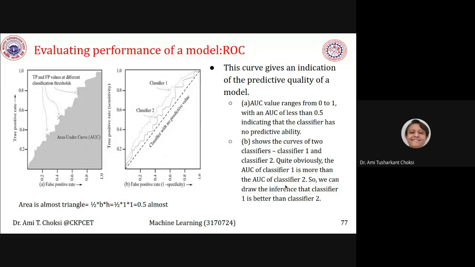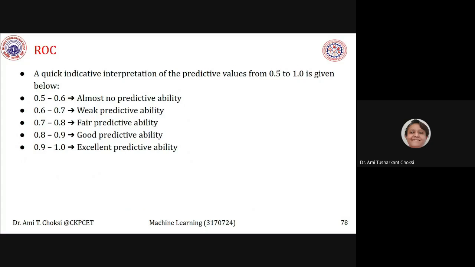This is the outer curve, so the area under it will be more than that of the inner curve. So we can say that classifier 1 is better than classifier 2. Okay.